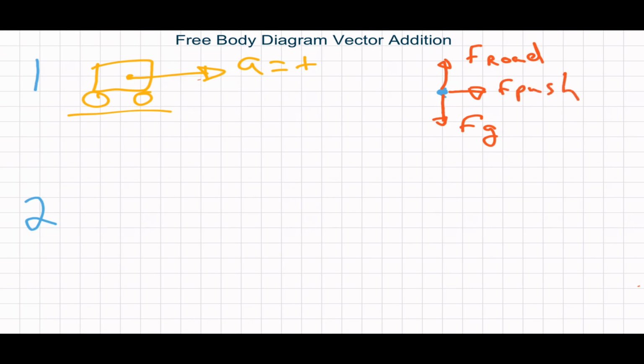I have 4 newtons to the right, negative 3 to the left, with a result of positive 1. So 4 newtons plus negative 3 newtons equals 1 newton. And you know what? I really shouldn't leave the units off of these guys up here. Okay? So that's how you do those.